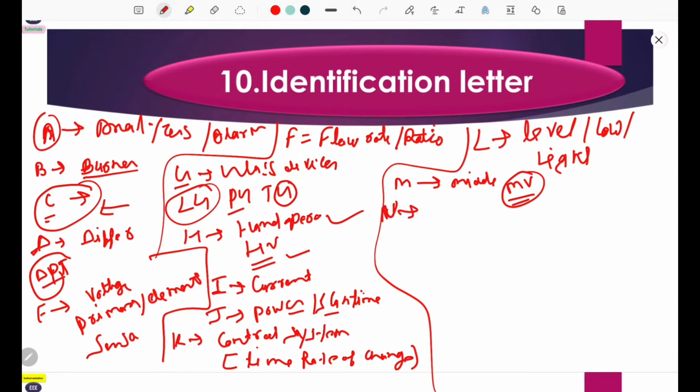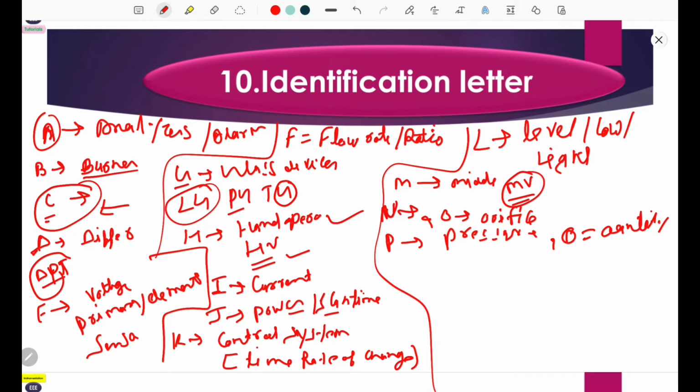Now the other is O. O is also used for orifice. And now P is used for pressure. Q is used for quantity.